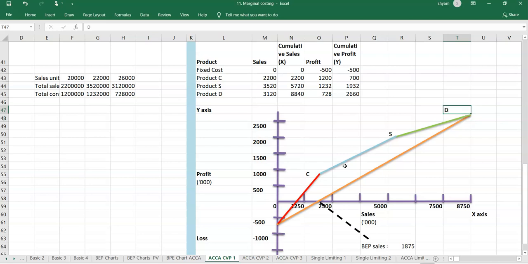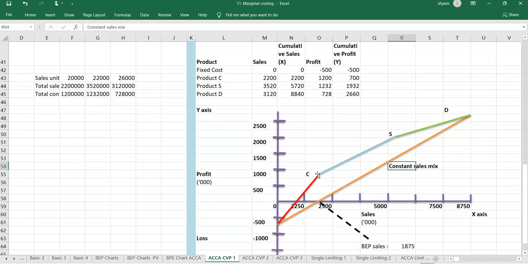So you can see here, what's the difference between the first line and the second line? Between the orange, this is a constant mix. That is, they are sold in a proportion. And here we are selling the highest PV ratio first, then the lowest one, then the lowest one. Usually the product which has the highest CS ratio will be very steep.